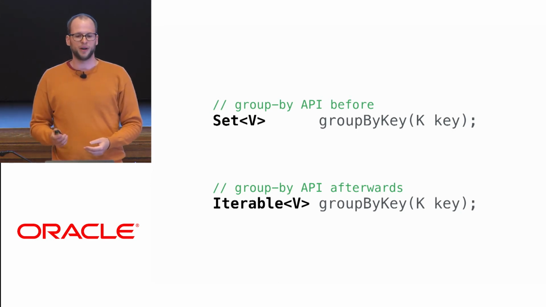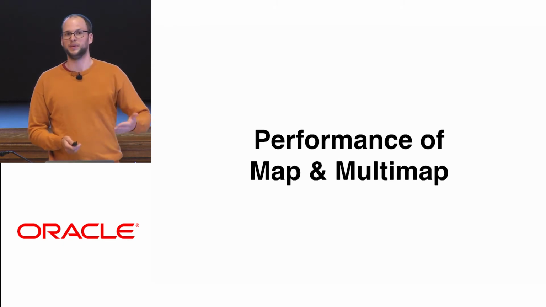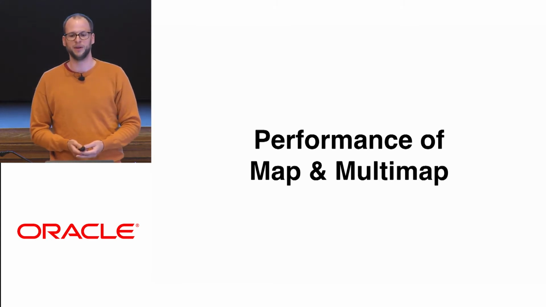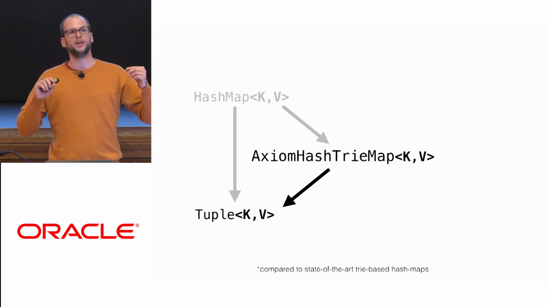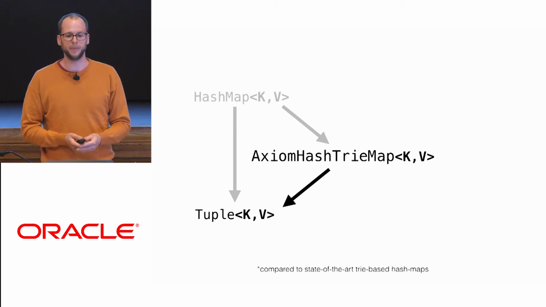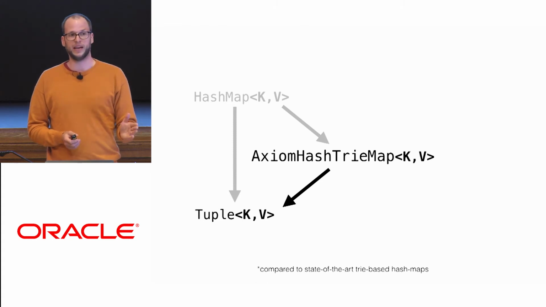So let me talk about some performance characteristics of that hybrid data type. We actually have to distinguish two cases. I said it's supposed to be an efficient map and it's supposed to be an efficient multi-map. So let's look at both. First, if we use Axiom as a map, so we repurpose it with a map API, what we get is that runtime performance is often the same as with a regular trie-based map.